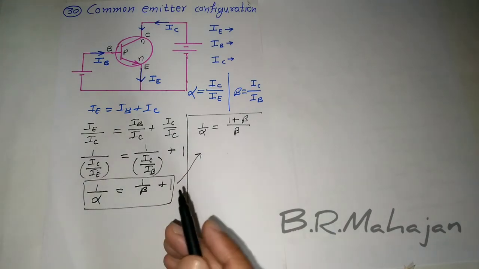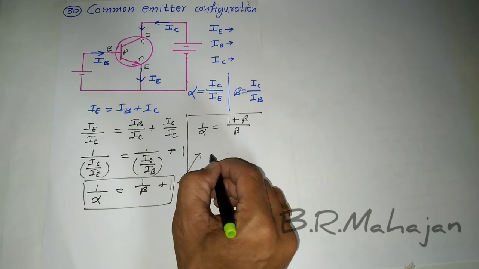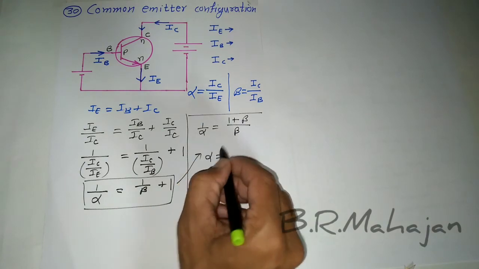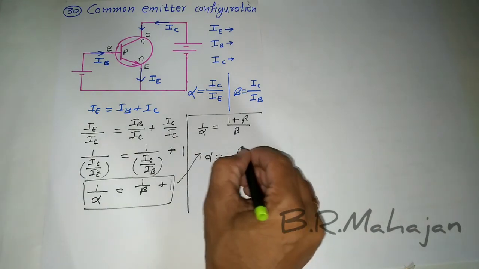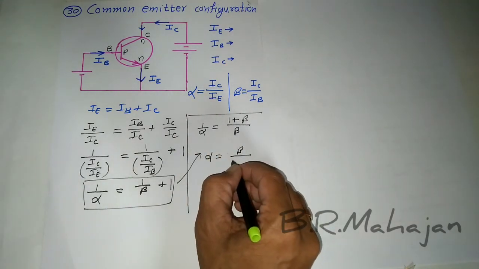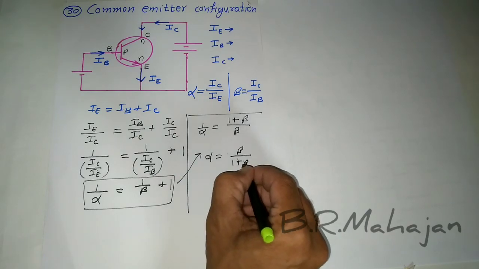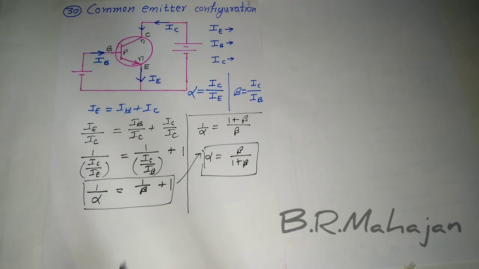Just inverting it, meaning reversing the numerator and denominator, it comes out to be alpha is equal to beta in the numerator upon 1 plus beta as the denominator. So this is also another option which is correct in that example.